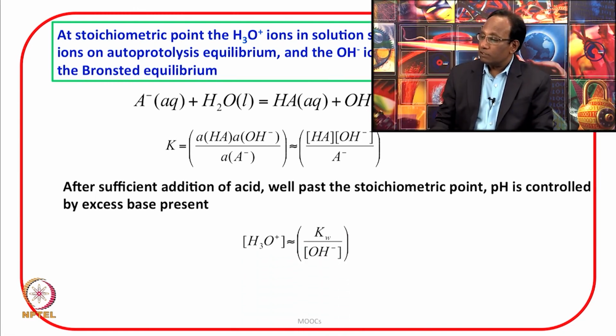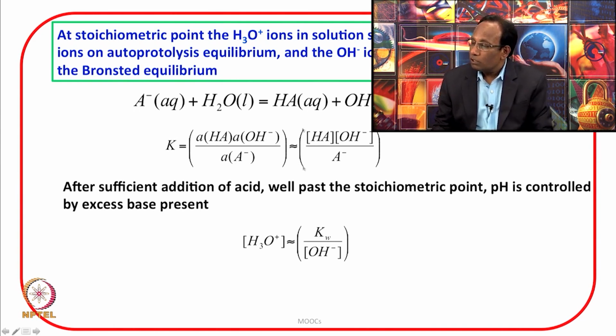I can write this expression: H3O plus is equal to Kw divided by OH minus ion. Even if I write this by using the autoprotolysis of water, the hydronium ion concentration is approximately given by the autoprotolysis constant of water divided by the hydroxide ion concentration. So, it is the amount of OH ion, if it is in excess, that is going to control the pH of the solution, because H3O plus will be modified accordingly.